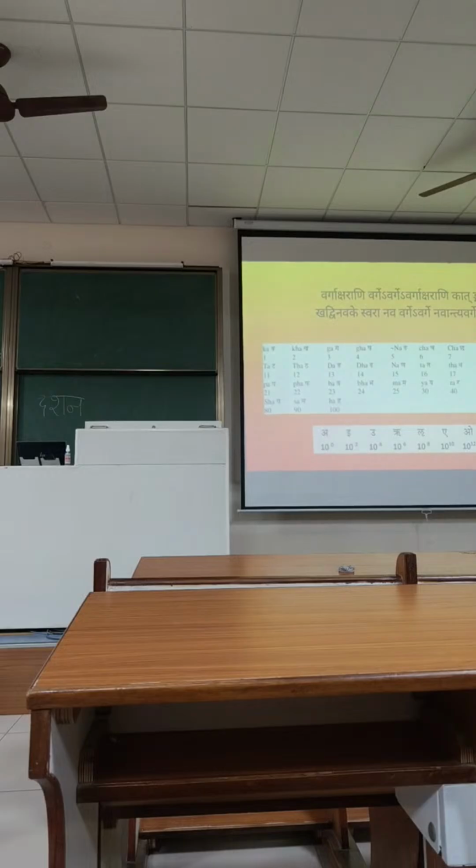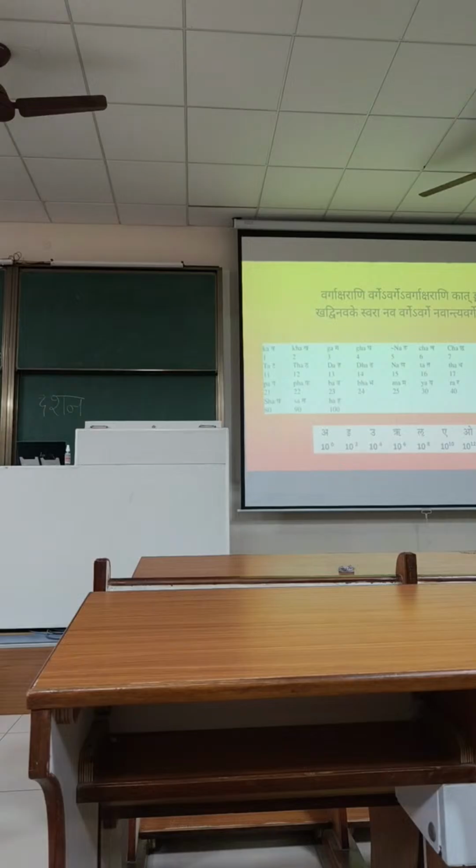Right. And if you have Sanyukta Akshara, conjunct letters, like say Prabhu. Now both of these letters you will add them. So pa and ra, the values of pa and ra will be added. Pa is 21, ra is 40.